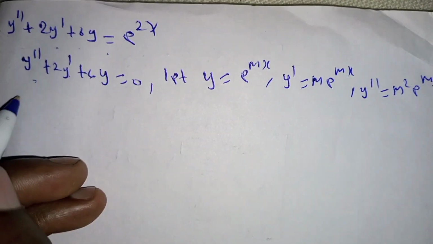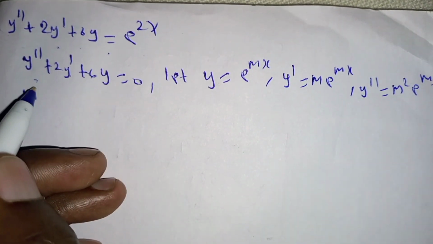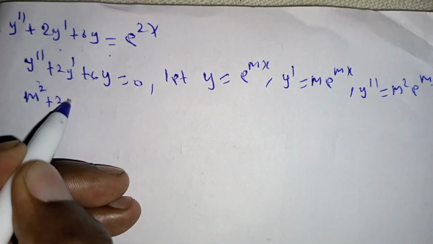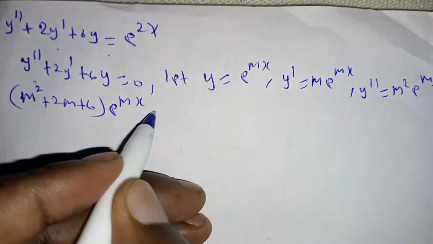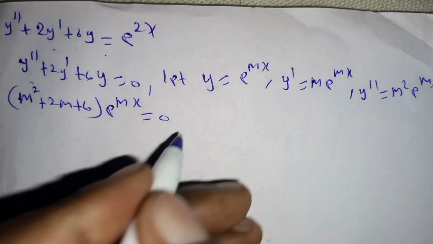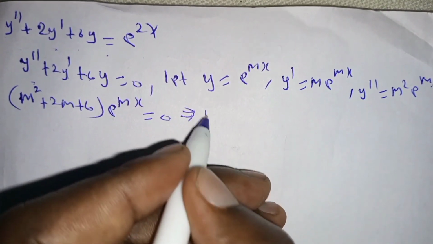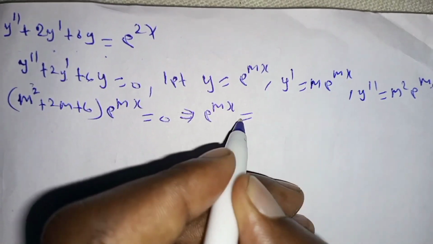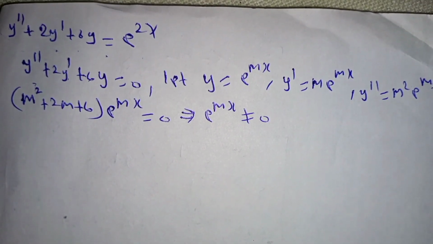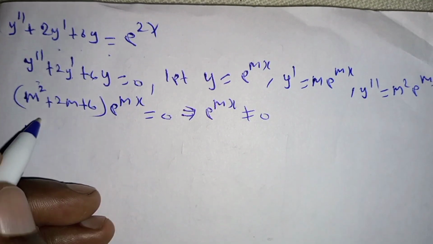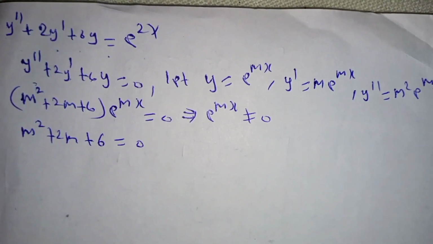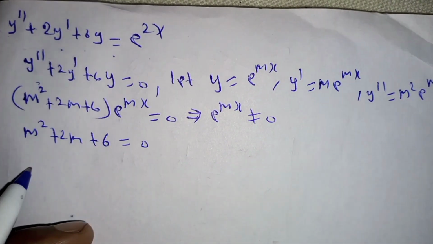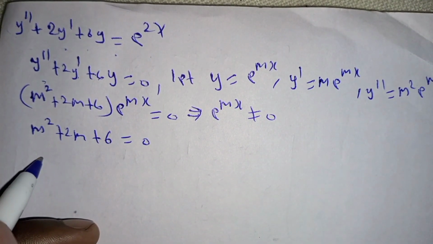Then we substitute the values here, so you have m squared plus 2m plus 6, with exponential mx factored out, is equal to 0. And exponential mx can never be equal to 0, which means that m squared plus 2m plus 6 is equal to 0.